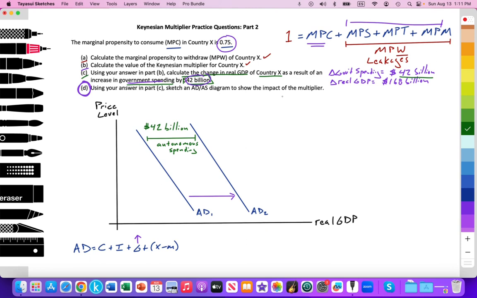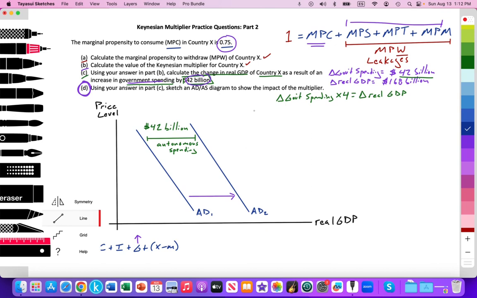Again, the change in government spending will initiate the multiplier, and the multiplier that we calculated was 4, and that's going to lead to the change in real GDP. So AD is going to multiply out from AD2 to AD3.